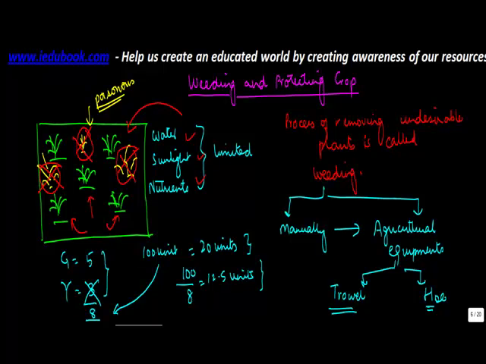And the other way is that you can use chemicals, which are also known as weedicides. What a weedicide will do is it will kill weeds, but it does not impact the good plants, right?